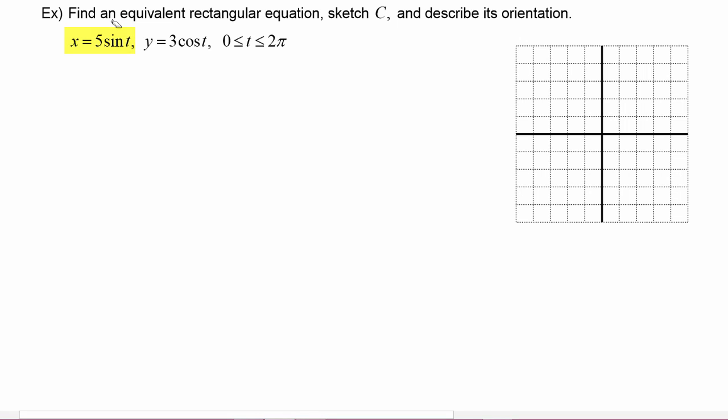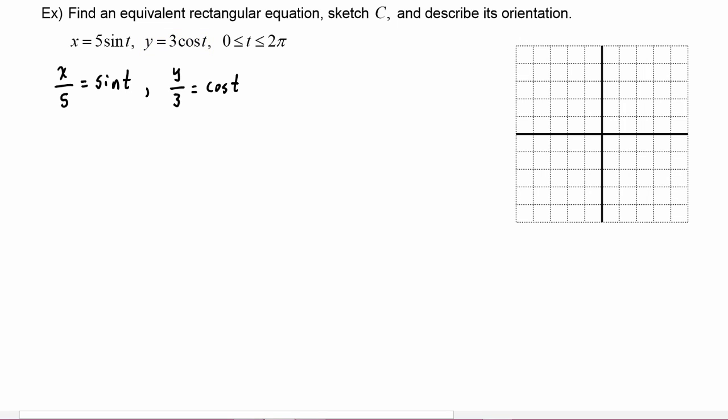So this first one becomes x over 5 is equal to the sine of t. And the second one becomes y over 3 is equal to cosine of t.